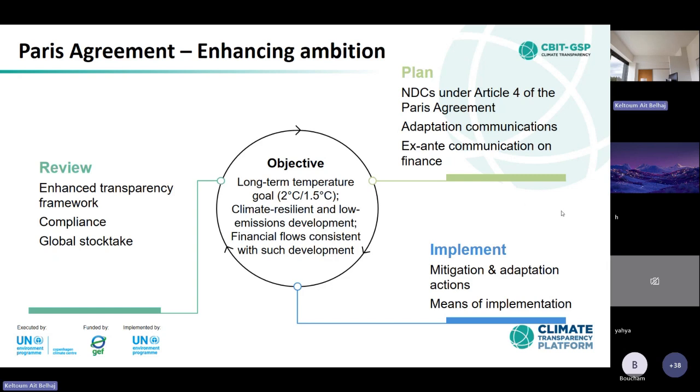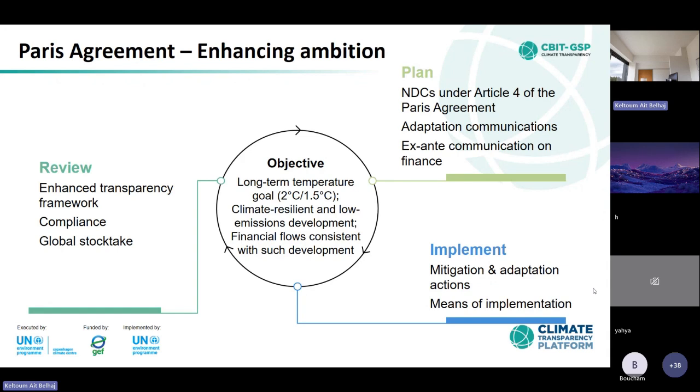First of all, it starts with the plan phase, where each country defines its nationally determined contribution, or NDC, under Article 4, and also including adaptation communication and information on finance.